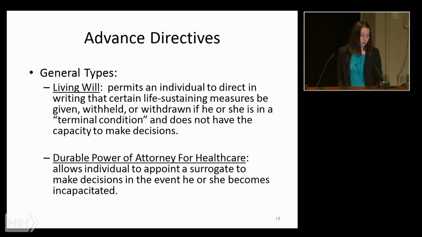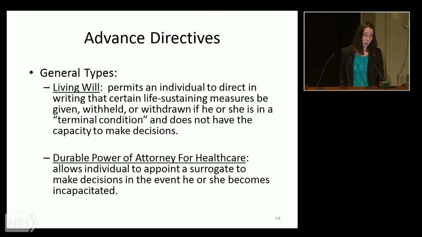As you can see, these are the two advanced directives that I referenced before. A living will is very specific to the factual situations. It discusses life-saving measures that you would or wouldn't want, such as a feeding tube, antibiotics, and also for the types of usually very broad conditions like persistent vegetative states.